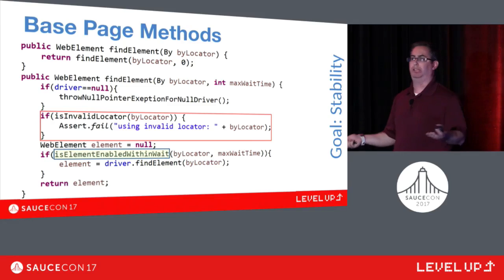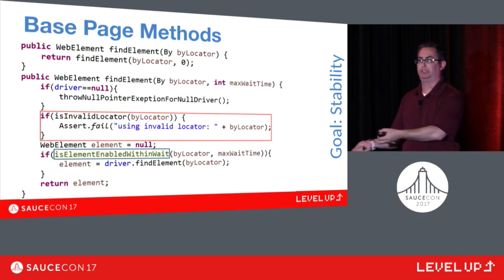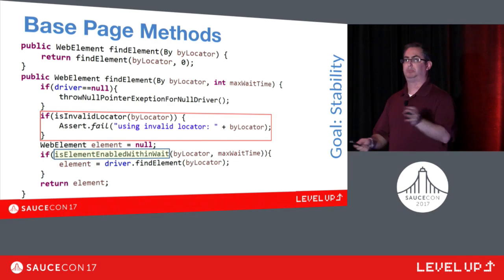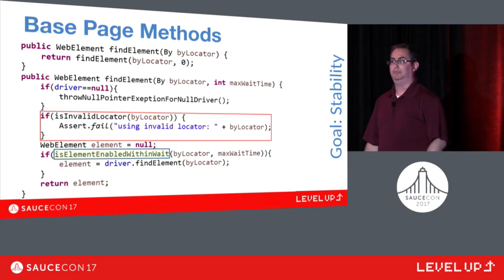Yeah, so we actually implemented a couple of different methods. findElement is what 99+% of everyone ends up using, because typically you're always going to want the element to be enabled before you actually start using it. But there are some occasions where you just want it to be displayed or present on the page, not necessarily enabled in order to use it.